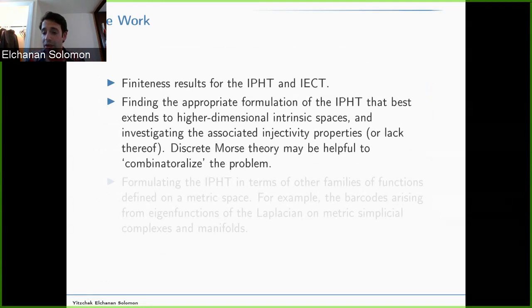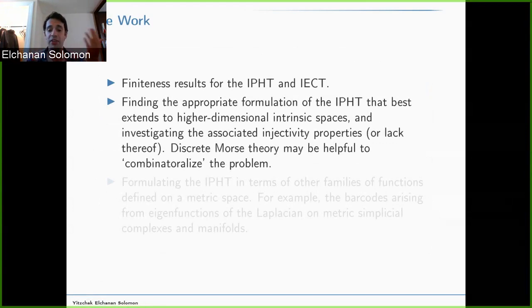So how would you generalize this to high dimensional objects, maybe a manifold, a metric simplicial complex? It might be useful to use discrete Morse theory to make the problem more combinatorial, because it's the combinatorial nature of the problem for metric graphs that helps the proofs go through in our paper.